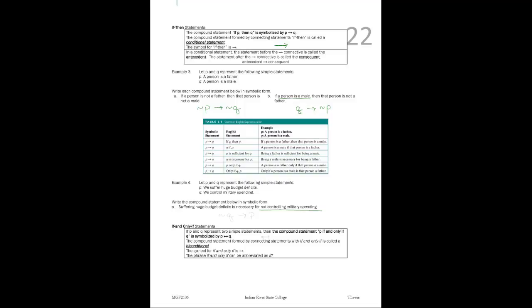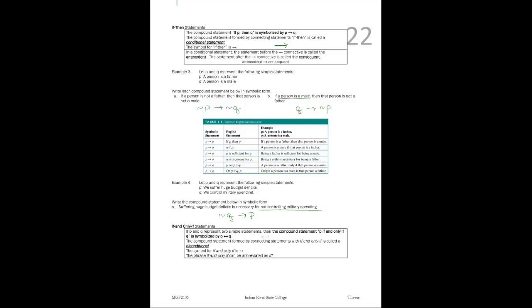We can write or say this in different ways, but we're saying here, not Q, our symbol, P. What is the before? What will be the after? Before, not controlling military spending. What will be the after? You're going to suffer a huge budget deficit.